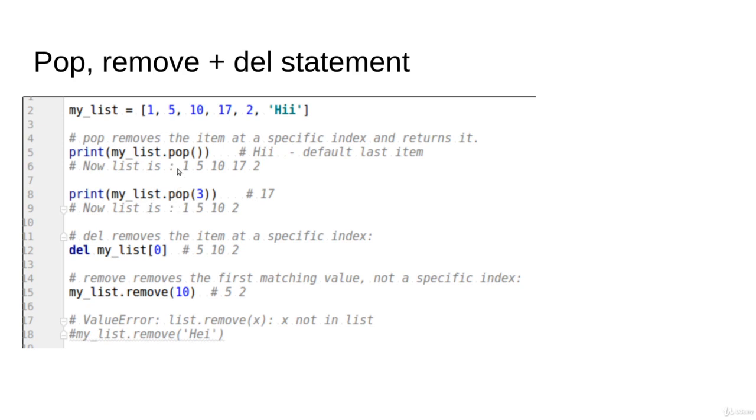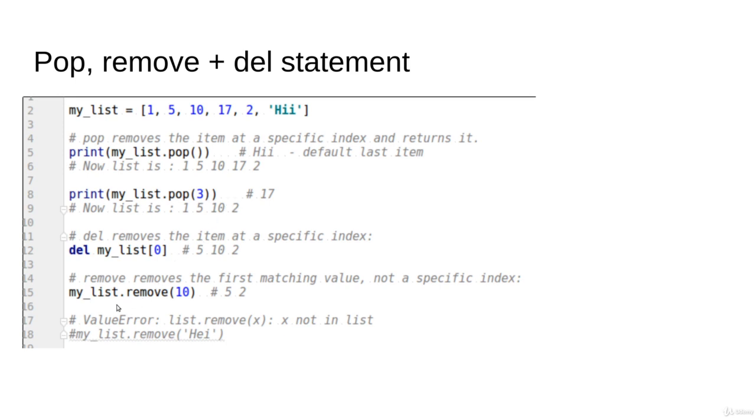So pop is mainly your way to remove a specific element. In a very similar way, the delete statement can also remove an element, but it doesn't return its value. So pop is more flexible, and I prefer it much more. So pop is mainly removing an item. If you are removing it from the end of the list, this is very fast, but if you're removing from the middle, this is a bit slow.